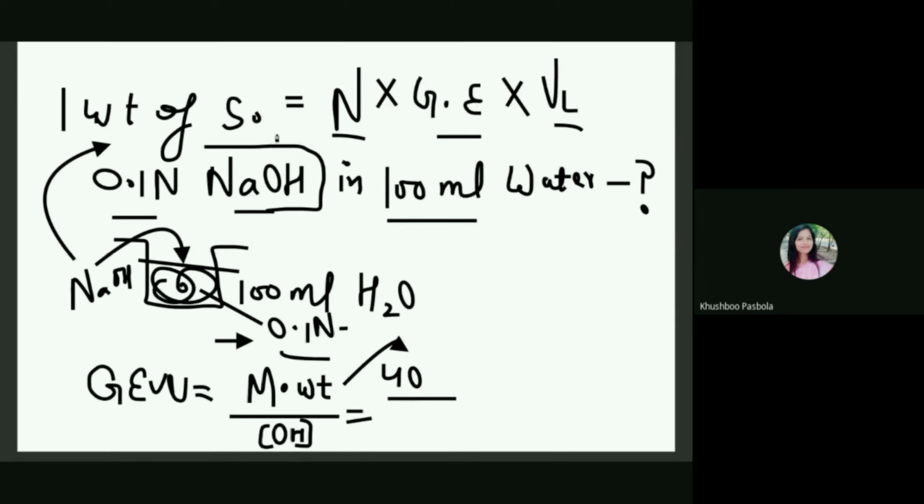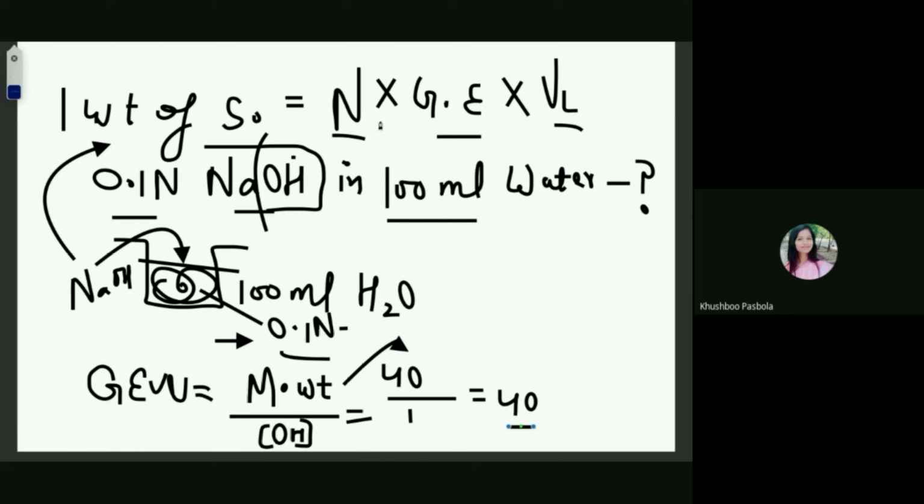NaOH contains only one hydroxy ion, because when it dissociates, it gives one OH negative ion. So the OH ion concentration will be 1. So 40 divided by 1, what will be the gram equivalent weight? 40 again. So molecular weight and gram equivalent weight are both the same for NaOH.